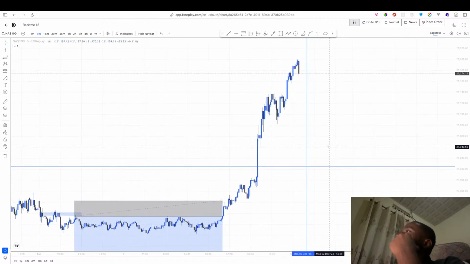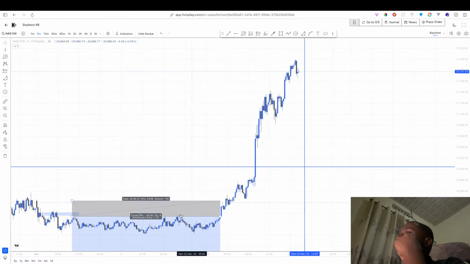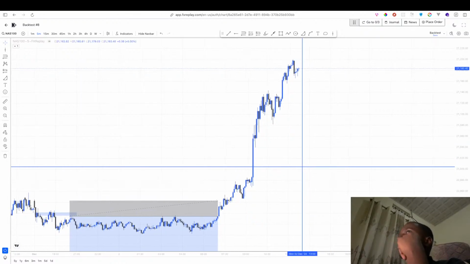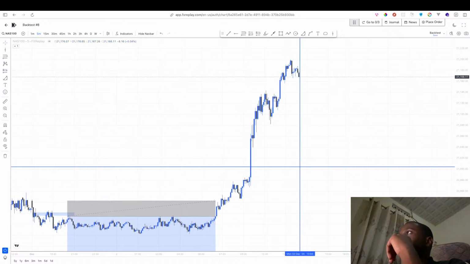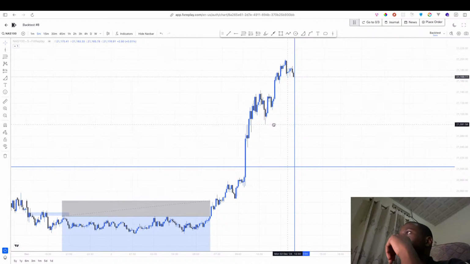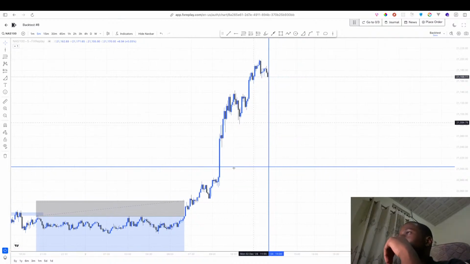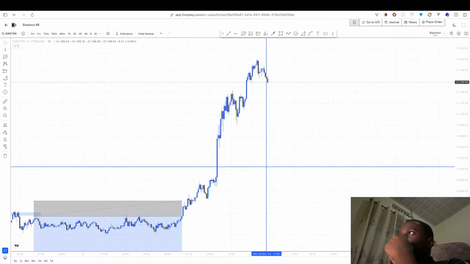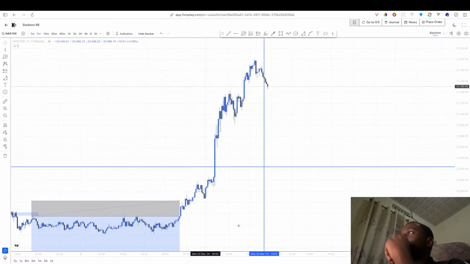I kind of restrain from taking trades in the lunch hour because it's a bit messy. Okay, I'm experiencing a small reversal. Now we are about to test.